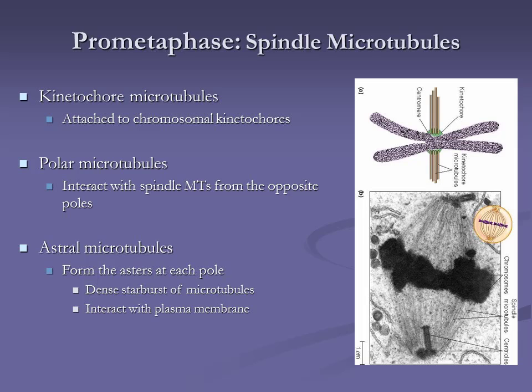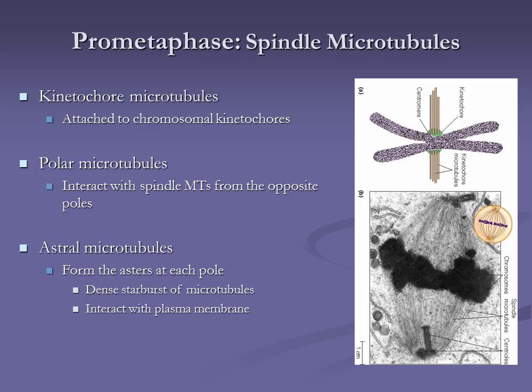Now, we have other spindle fibers that are simply connected from one centrosome toward the midline. They don't interact with the chromosomes, but they interact with the spindle fibers from the opposite centriole. We're going to see that in the illustration. These are called polar microtubules.